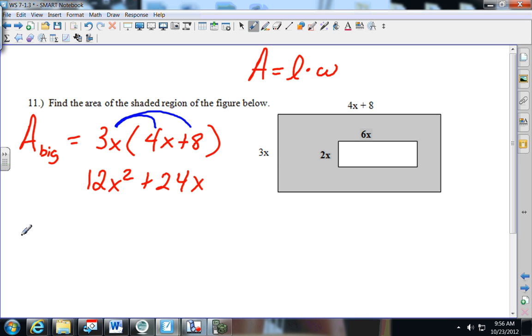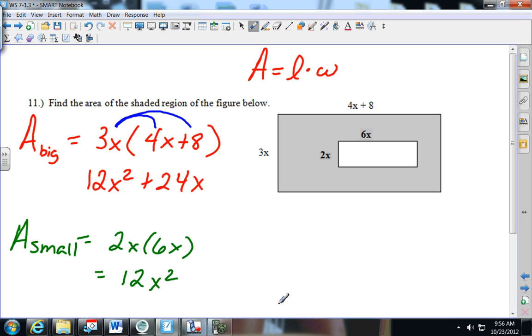Now let me go over here and find the area of the small. I have 2x times 6x. If I multiply those together, I get 12x squared. To find the area of the shaded region, we're going to take whatever the big one was, 12x squared plus 24x, minus the area of the small, 12x squared.